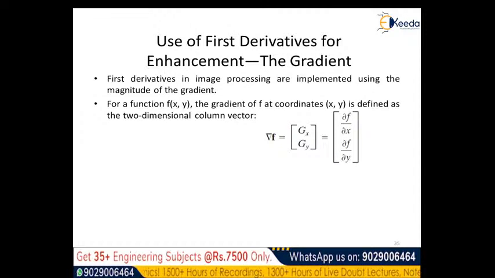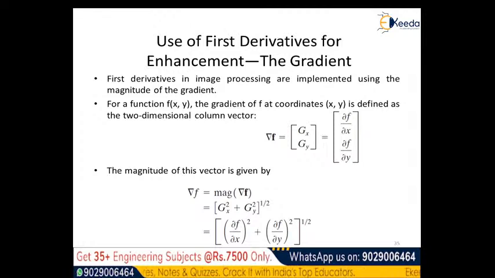So Gx and Gy are arranged into the columns. This is the partial differentiation of the pixel intensity f with respect to x and y. The magnitude of such a gradient can also be computed by taking the root of the summation of the individual squares.